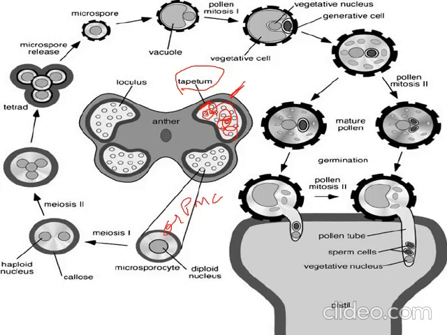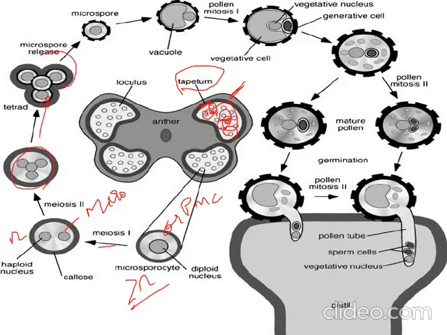Now these PMCs will undergo meiosis. First of all, they are diploid, 2n. They will undergo meiosis, meaning reductional division. When they go through meiosis 1, they lead to the formation of two microspores, which are haploid, and then they undergo meiotic division 2, which leads to the formation of 4 microspores arranged in a tetrahedral arrangement.